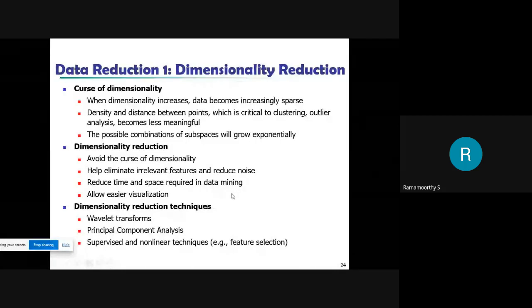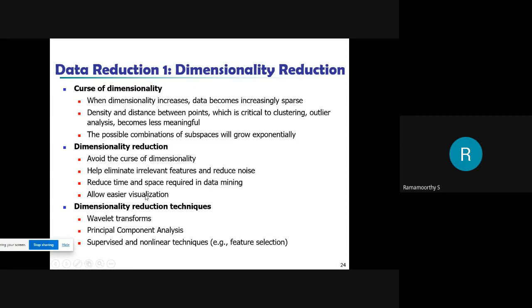Of course, you can reduce the execution time and the storage space required, because you reduce the size of the data. And also you can view the outcome in a simplified manner. So you can see here, it allows easier visualization.